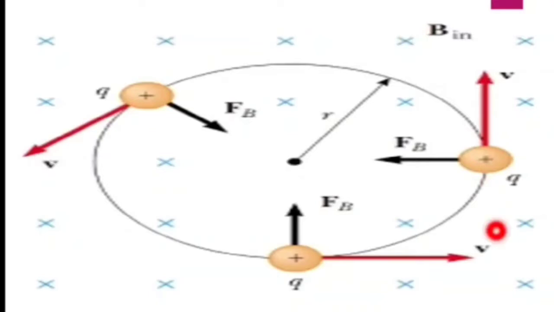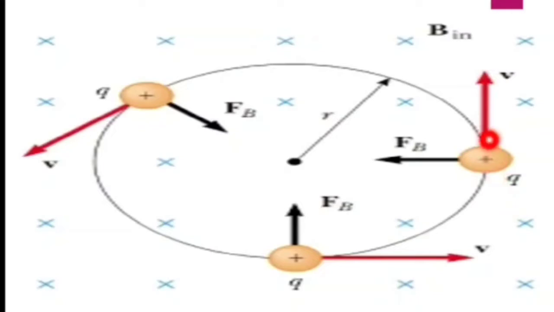In the previous class we have learned that X marks represent the field into the plane, whereas dots represent field out of the plane. So here in the diagram you can see the field into the plane and our particle entering perpendicular to this field, that is the velocity is perpendicular to this field.